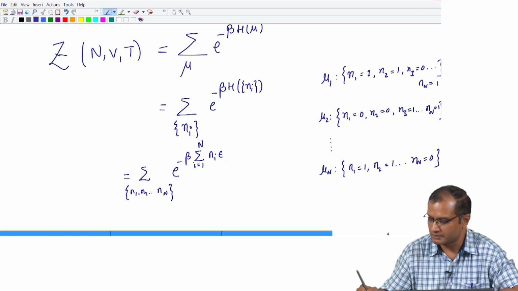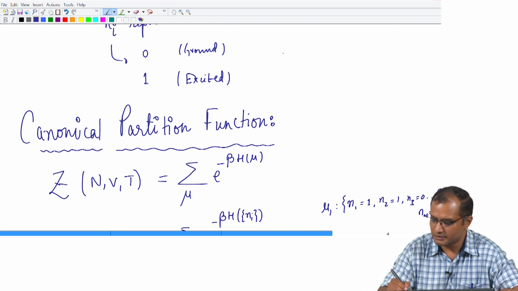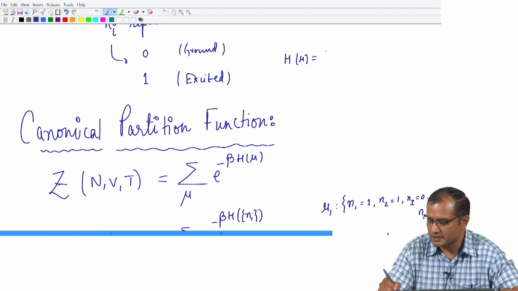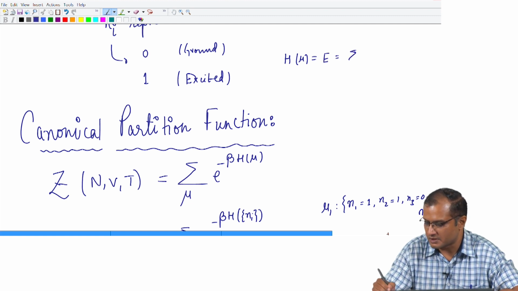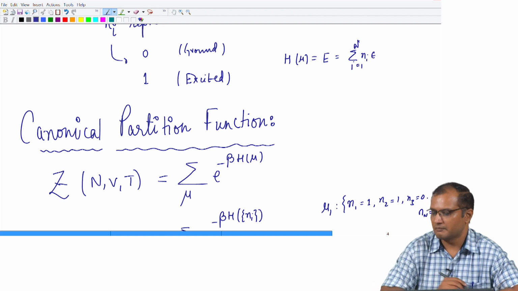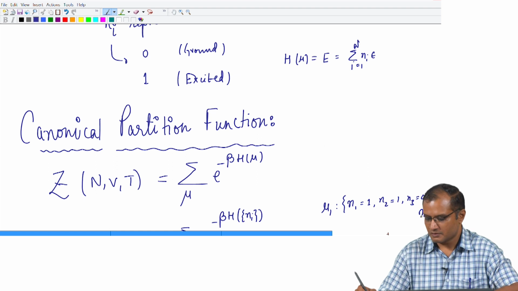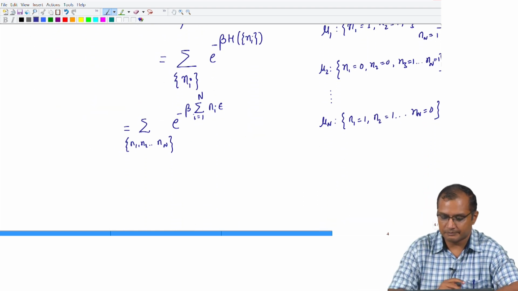If you have forgotten, you can write down the Hamiltonian of a microstate as nothing but the energy, which is summation i n_i epsilon. Okay. That is what I have written here for the Hamiltonian.